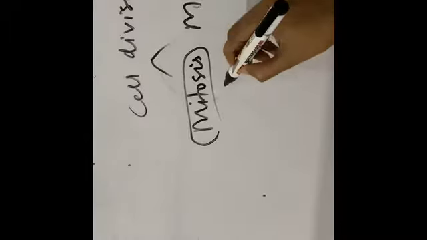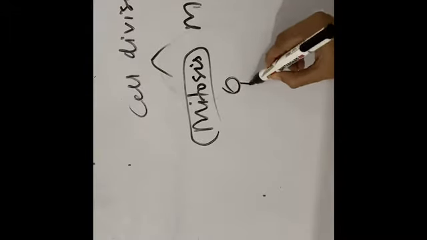Okay, so what happens in mitosis is that one cell divides to form two cells. Two cells are formed from one single cell, and the number of chromosomes present in this parent cell will remain the same in the daughter cells.